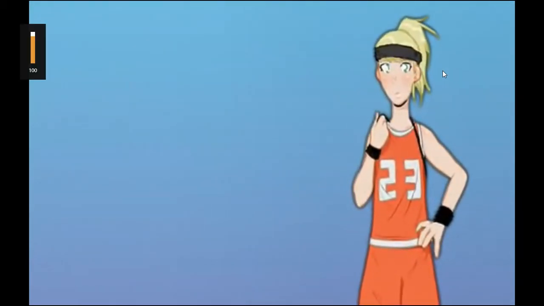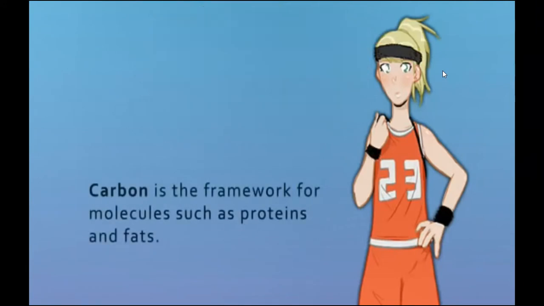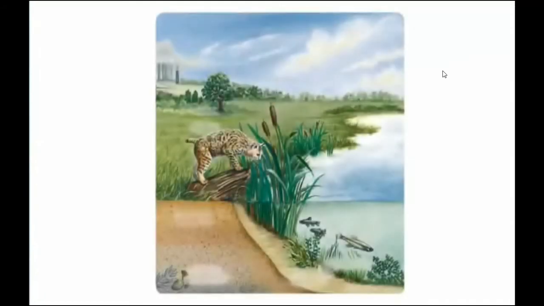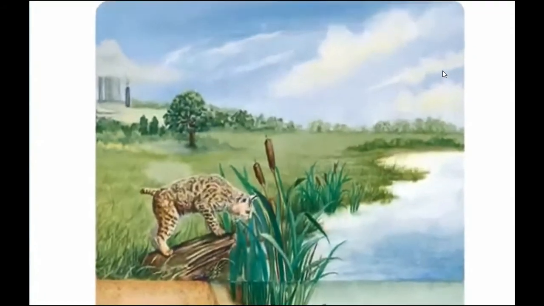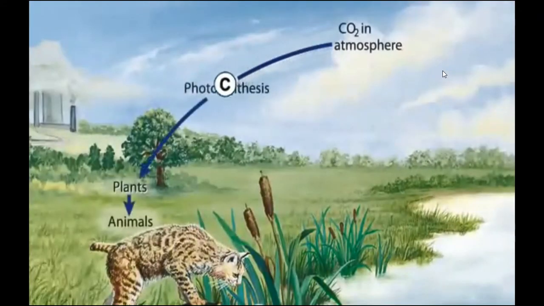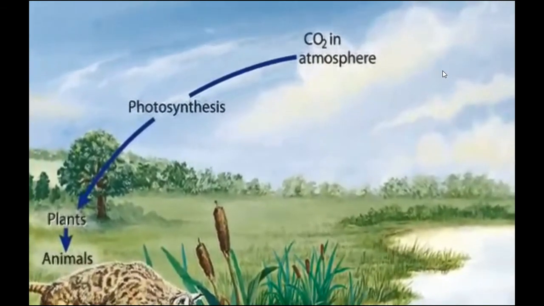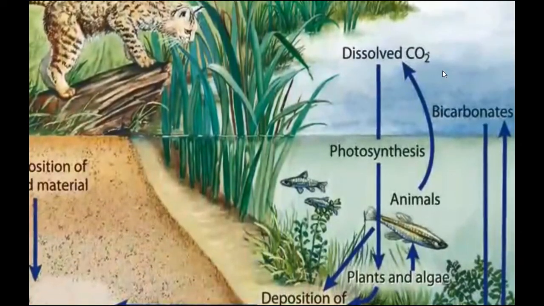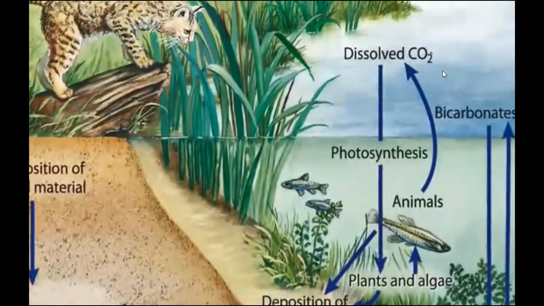All living things are composed of molecules that contain carbon. And since carbon is the framework for molecules such as proteins and fats, it is a huge part of existence. Let's take a look at the process that continually recycles carbon. During photosynthesis, energy from the sun is used by plant-like grasses and trees to convert atmospheric carbon dioxide gas into energy-rich carbon molecules. Organisms that feed on plants use these carbon molecules for growth and energy.